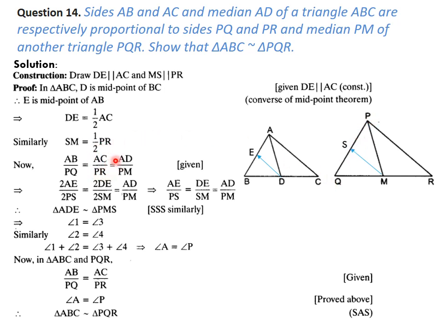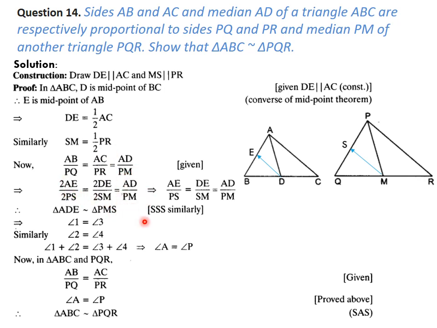Again, for AC, we have this relation DE is equal to half of AC. So we can write down AC is equal to twice of DE. So we'll replace AC by twice of DE, and similarly, we'll replace PR by twice of SM by this relation. And we'll look at the third one as it is.